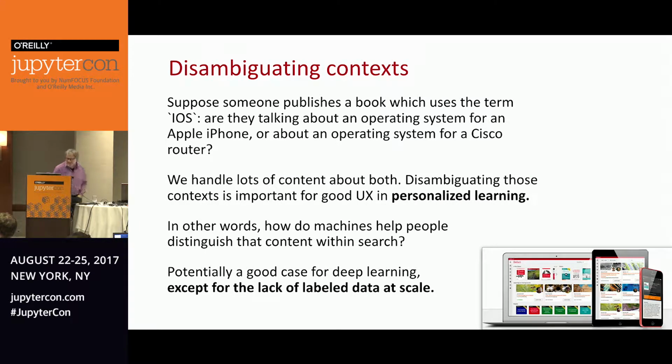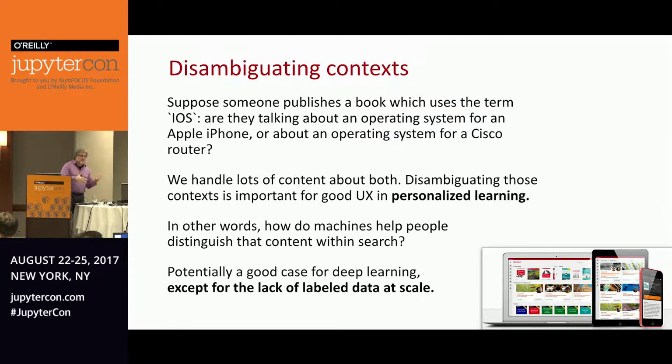Correlation and not causation. So the problem we have is, suppose somebody publishes a book and they use the term iOS, and they're talking about an operating system. Based on that a priori knowledge, are they talking about an iPhone, or are they talking about a Cisco router? Because it could be either, and we have a lot of content about both. If you want to do personalized learning, you have to be able to disambiguate those contexts.